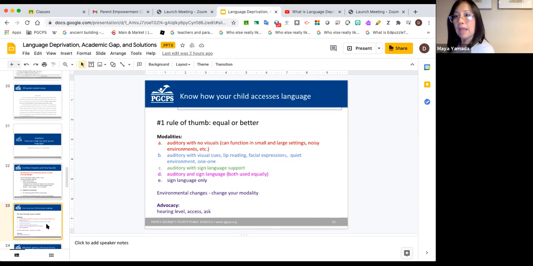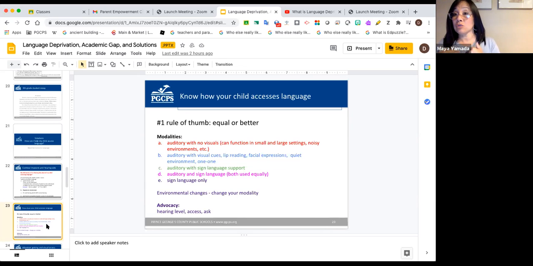Is she or he picking up language? And if not, why not? Is the CI working alone, or does my child need some additional support? So it's important first to know how your child best accesses the language.